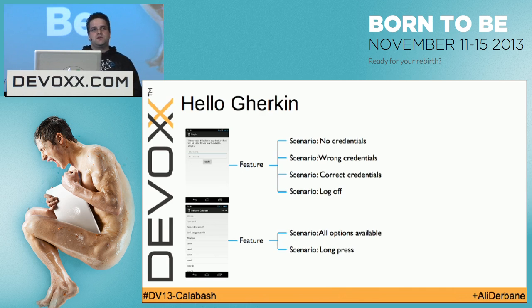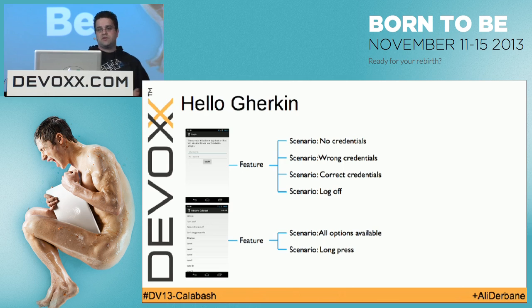Each of these features can have zero or more scenarios. For example, if you are logging in, what you usually want to test is what happens if you log in with the wrong credentials, what happens if you log in with no credentials whatsoever, what happens if you log in with the correct credentials, et cetera. Same for the options page.